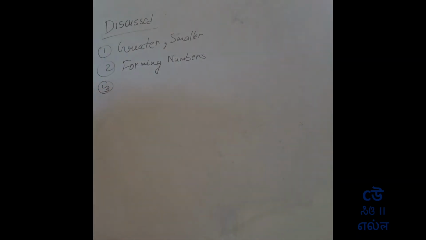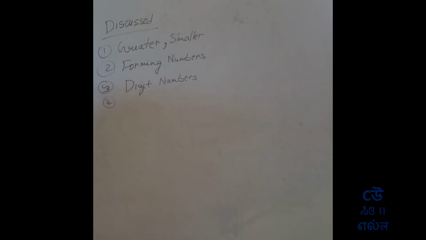Next, third, what did we learn? We learned the smallest 4-digit number, 5-digit number, 6-digit number. Like that, we learned the digit numbers. Next, fourth, what did we learn?